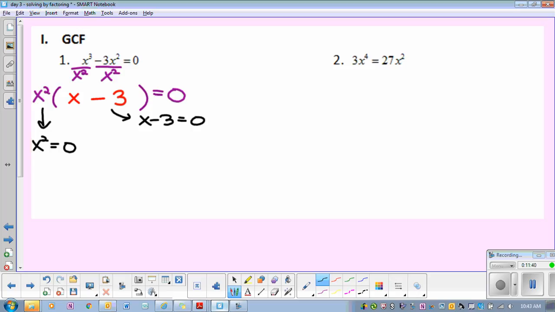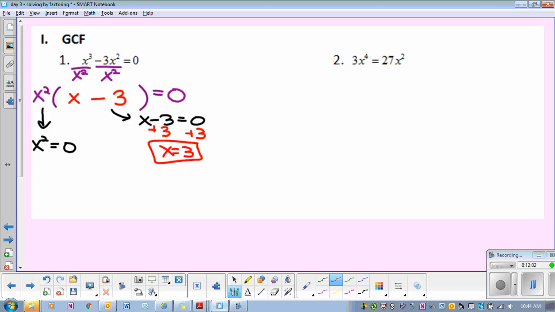Okay? All right, so let me start with this easy one over here. X minus 3 equals 0. All I have to do is add the 3, then I get x equals 3, right?